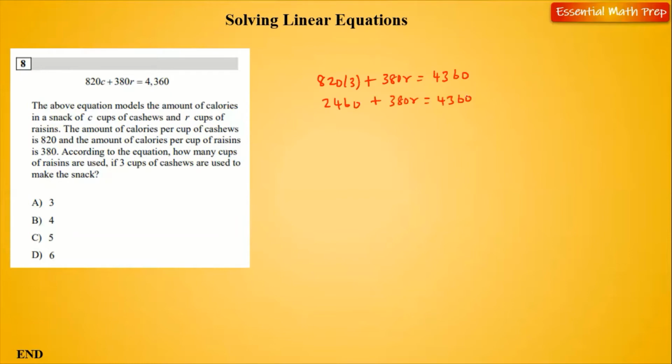So subtract: 4,360 minus 2,460, and divide that by 380, which is 5. So 5 cups of raisins are used. So the answer is 5 cups of raisins.